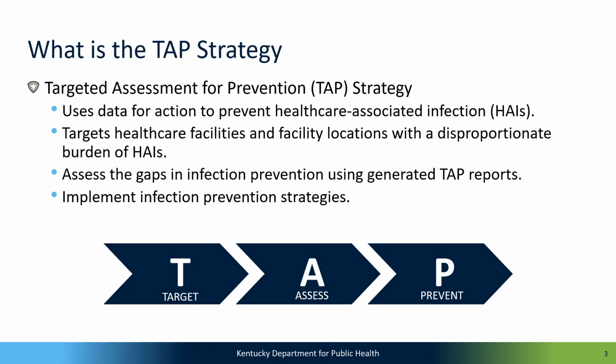These strategies are often rooted in evidence and driven by data, and this enables us to take meaningful steps towards closing the gaps that we have identified. Whether these gaps are closed by refining our protocols or enhancing our training, the TAP strategy really empowers us to implement targeted measures that matter.